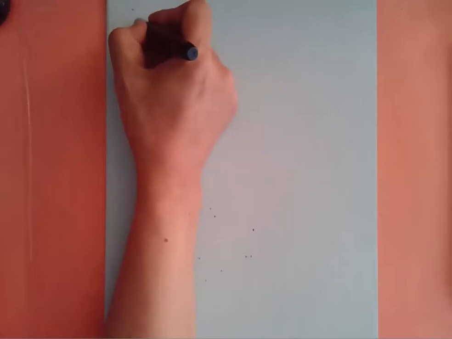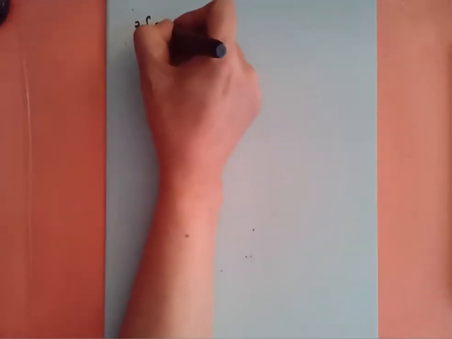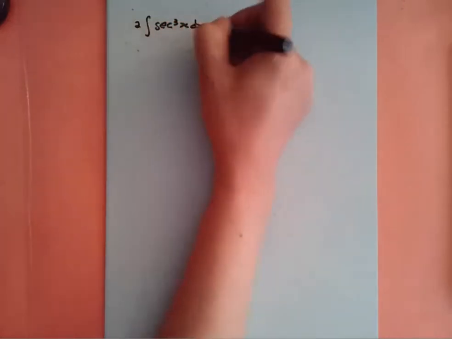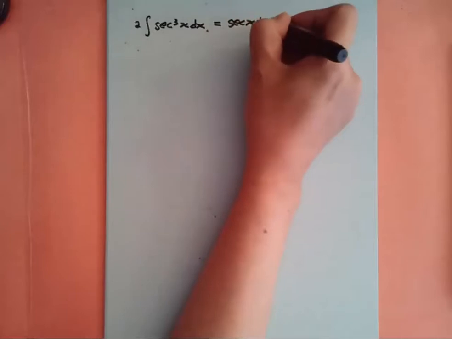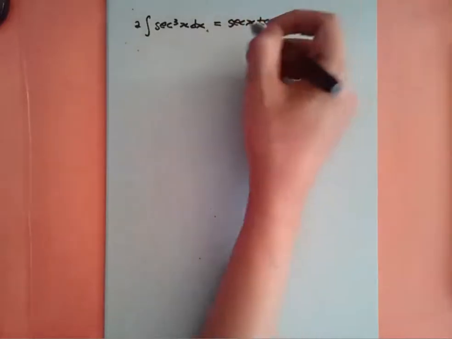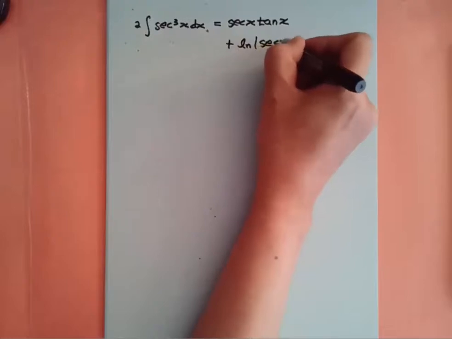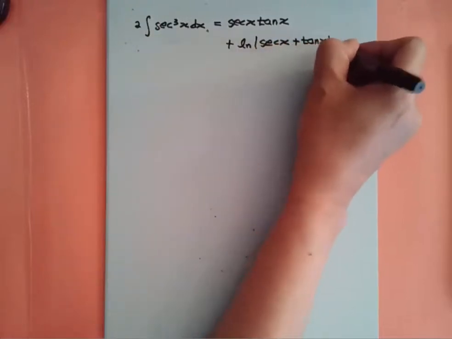So we are getting 2 times the integral of secant cubed of x dx. That equals secant of x tangent of x plus natural log of the absolute value of secant of x plus tangent of x plus c.